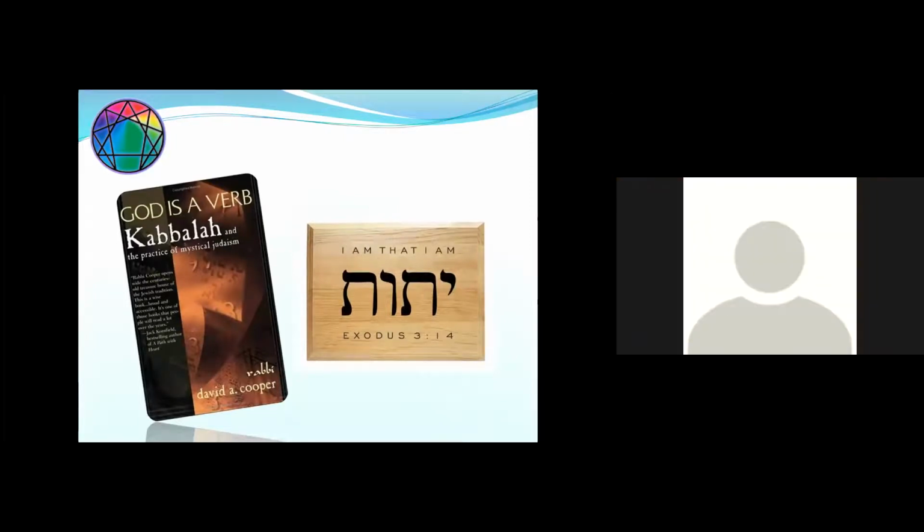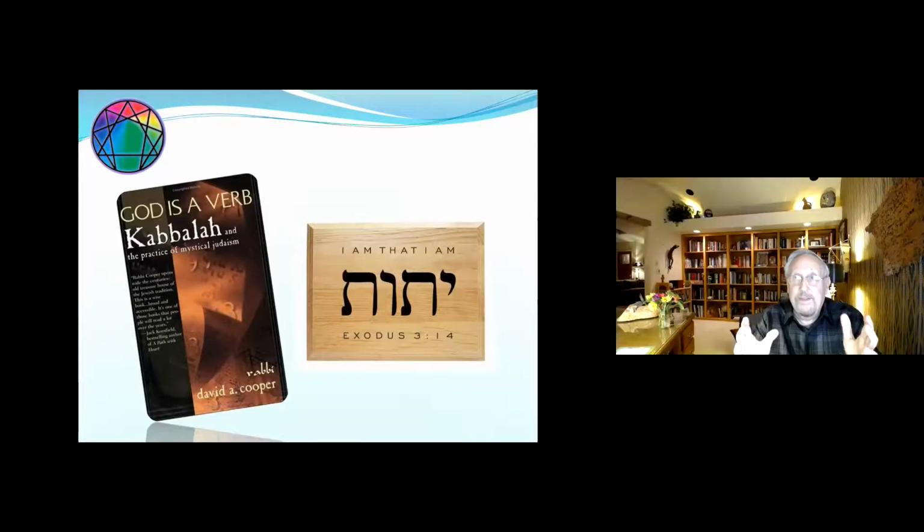And they say we know this because the only place in the Bible where God even begins to give God's name to us is in Exodus, when we get the unspeakable name of the divine. It means I am that I am becoming that I am.